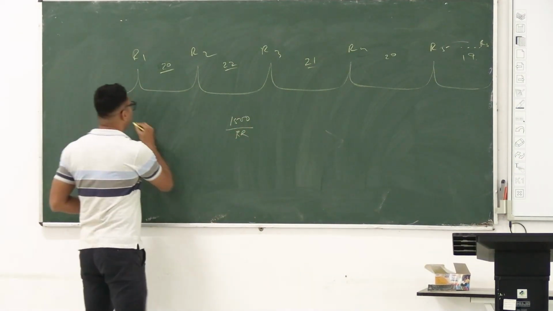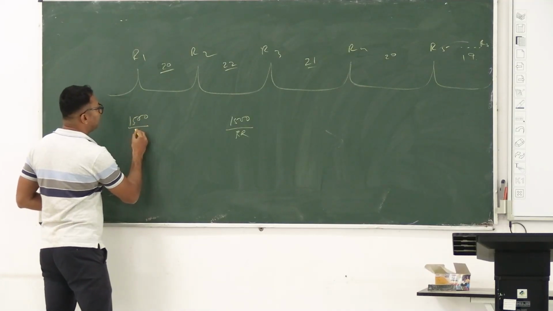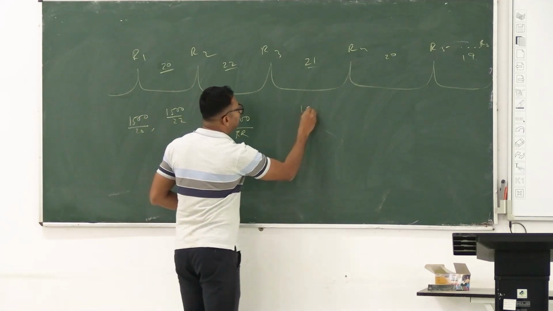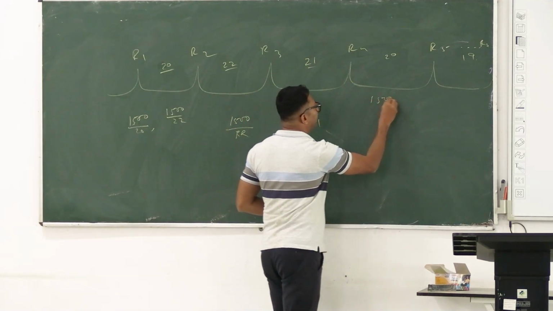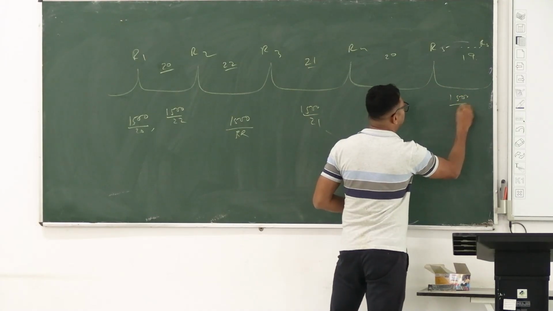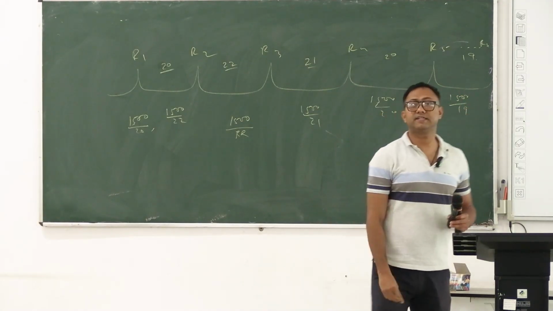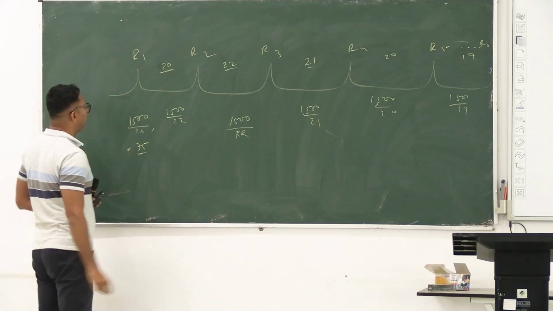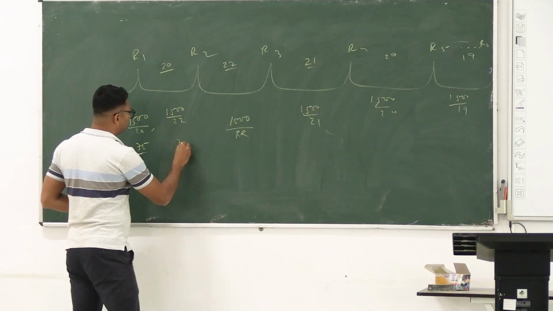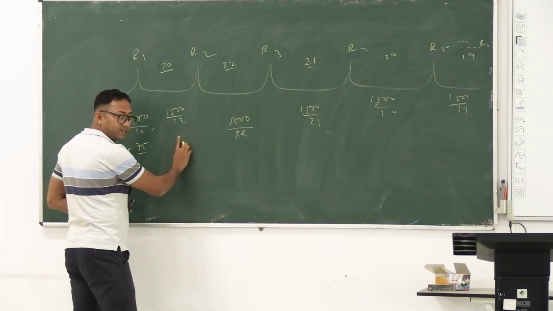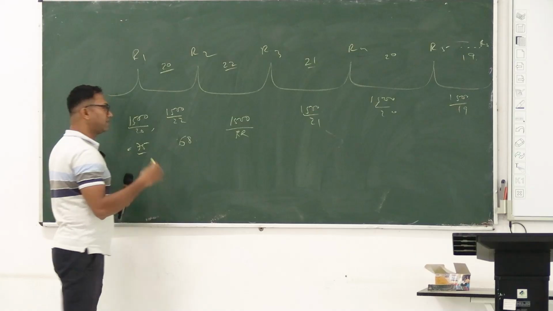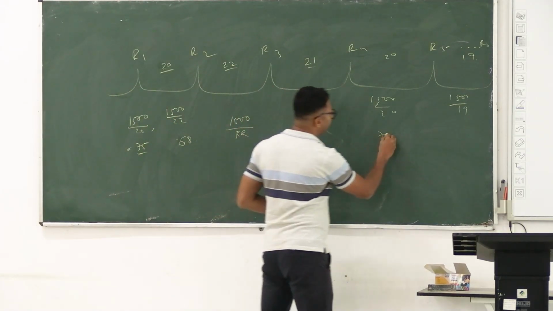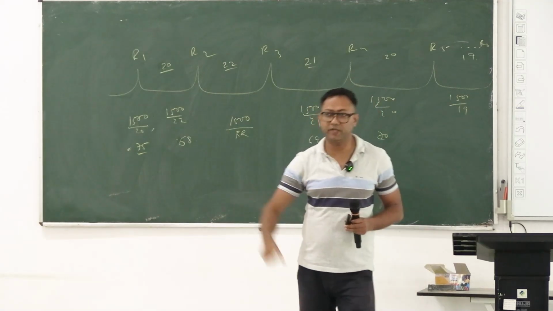So your heart rate can be 1500 by 20, 1500 by 22, 1500 by 21, 1500 by 20, and 1500 by 19. So your heart rate is basically changing. Here it will come to 75, and here it will come to around 68, sometimes 69, sometimes 70. Your heart rate is changing beat to beat, right?